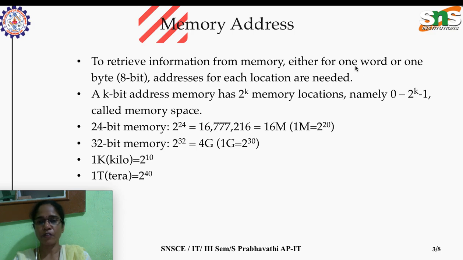We could retrieve the entire 32 bits, or we could retrieve one byte. If the word is 32 bits in size, we could store 4 characters, each character of 8 bits, and we could retrieve one character also, or the entire 4 characters, by means of the memory address, okay.